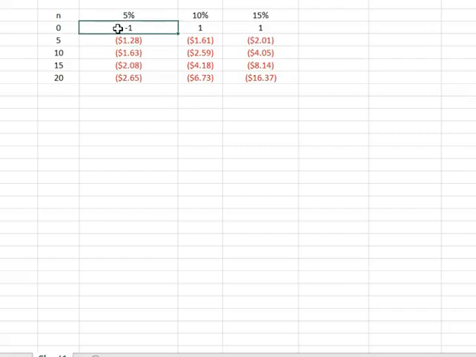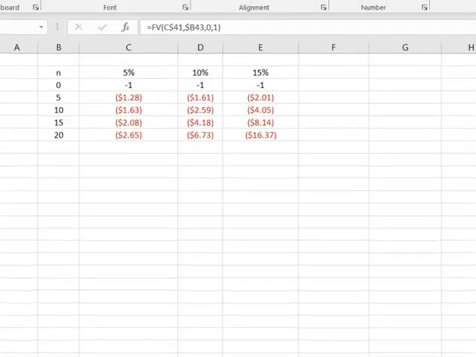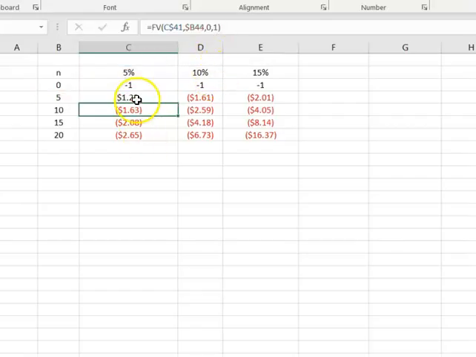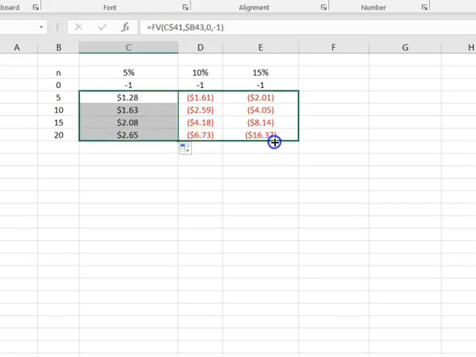So I'm going to make these ones negative, and here I'm going to change the formula, as you can see here, to -1. So now they are positive.